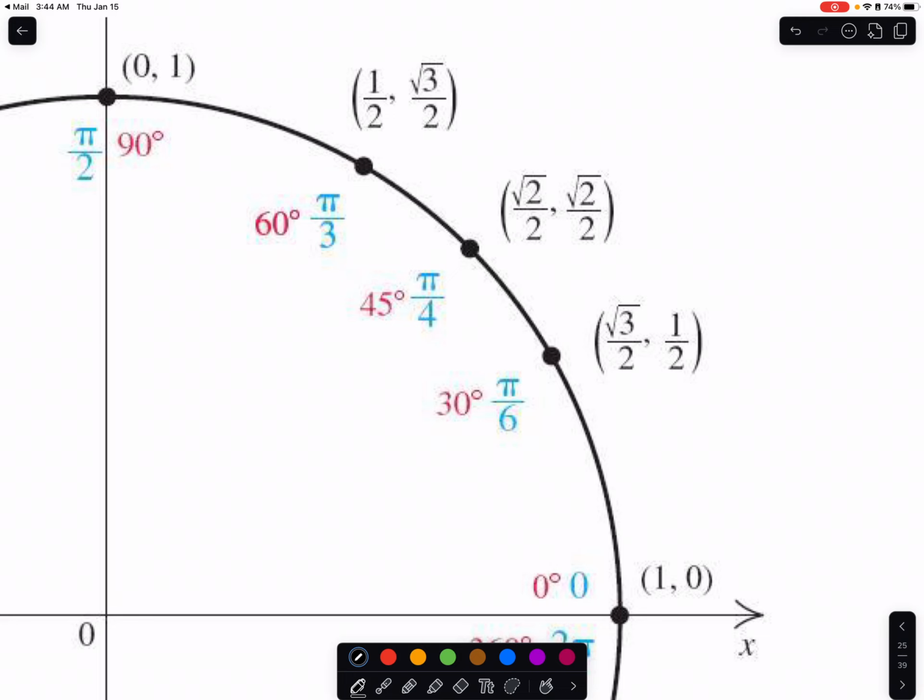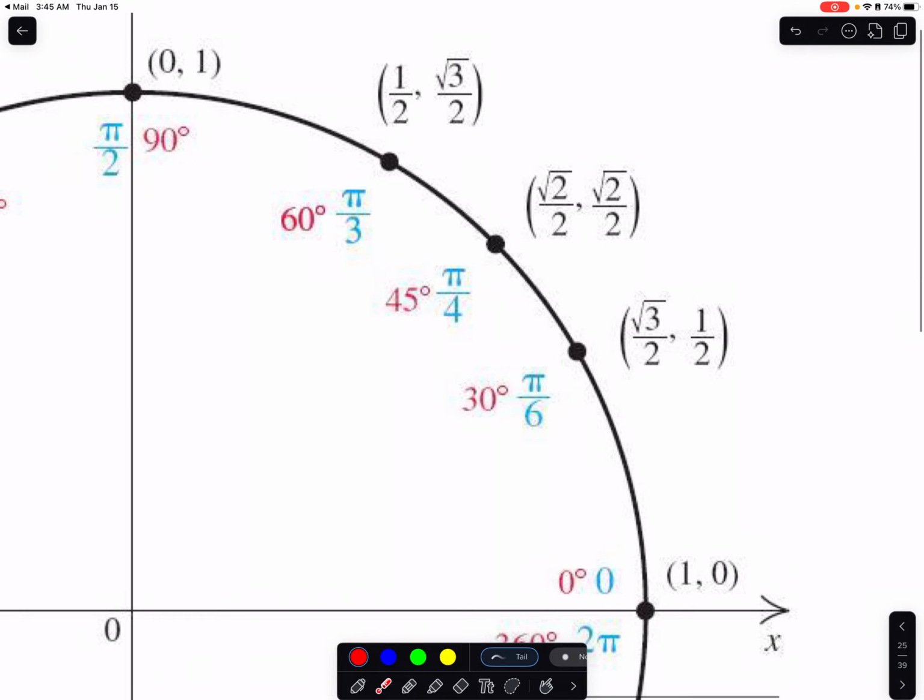And then if we can count 1, 2, 3, we can generate those guys, right? So look right here. We go what? 1, 2, 3. Take the square root of all the numerators, and then that's where we get those. So then once we have quadrant 1, we can use symmetry to generate everything else, right?